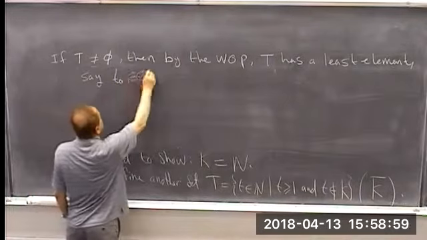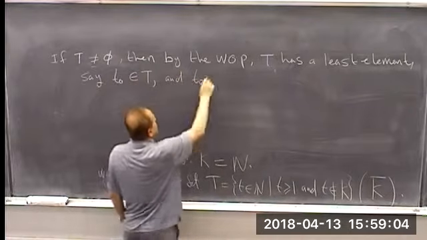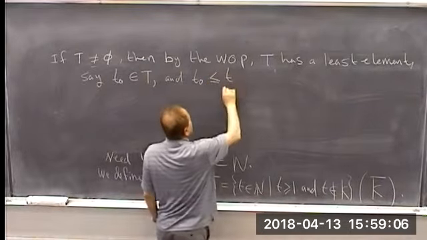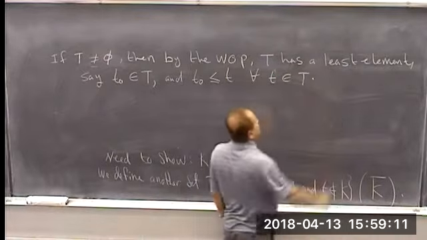So T sub 0 is in T, and T sub 0 is smaller than or equal to t for every t in T, by definition of least element.